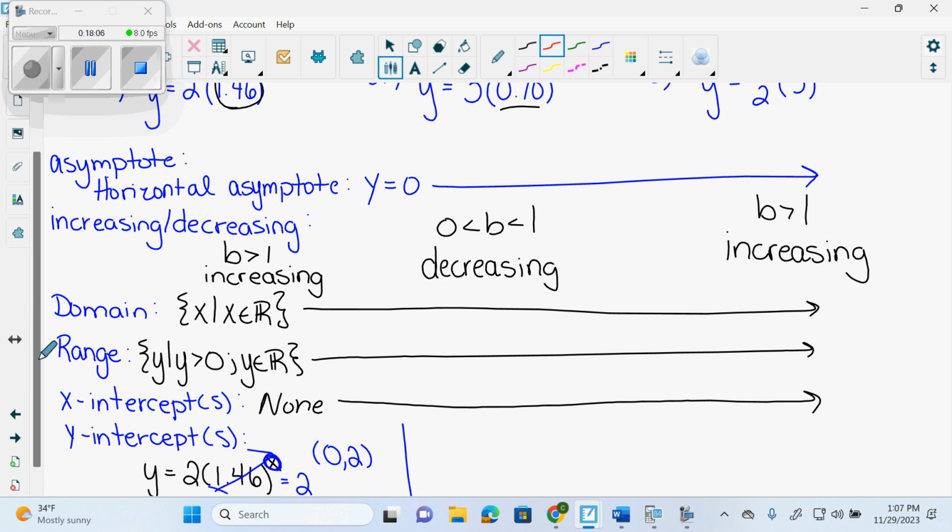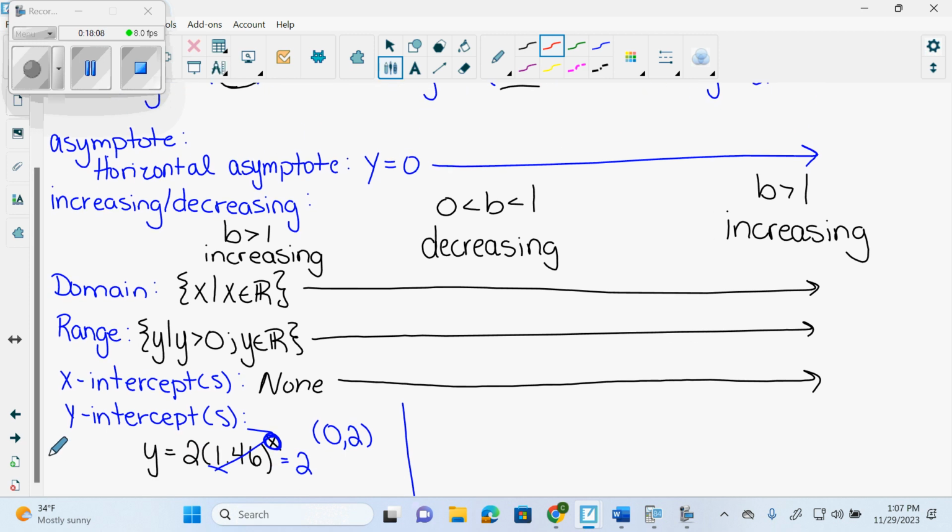Now if I go to do the y-intercept of y equals 3(0.70)^x, my x becomes a 0. Anything to the power of 0 is 1. So it's going to be 3. So my y-intercept is at (0, 3).